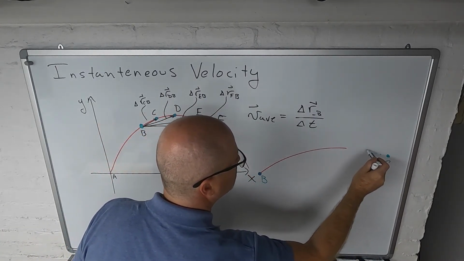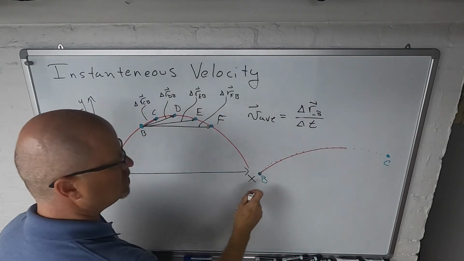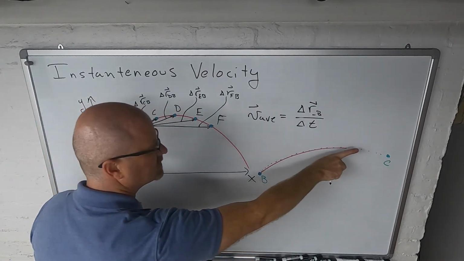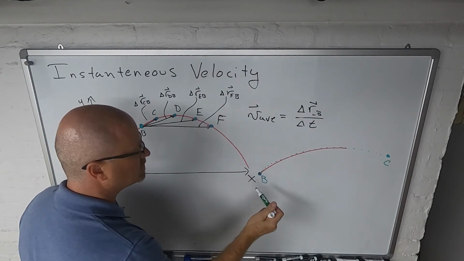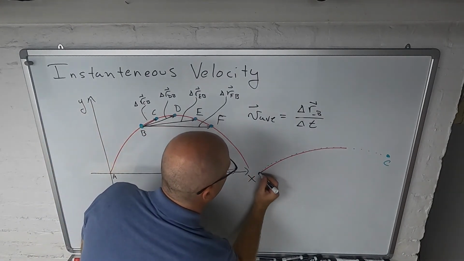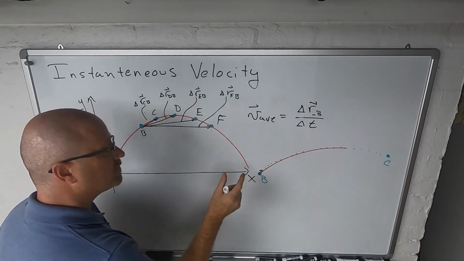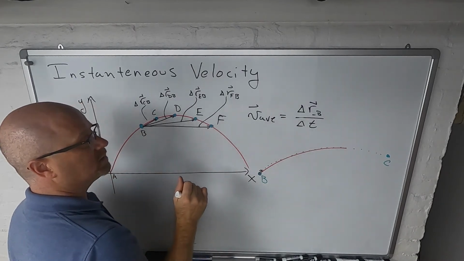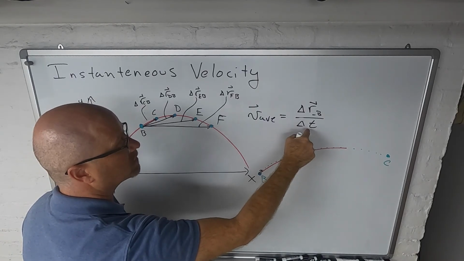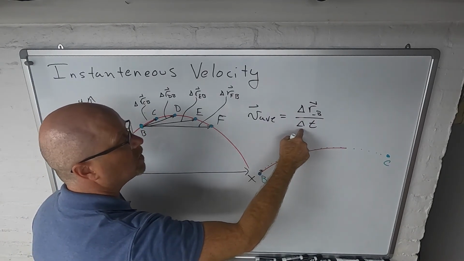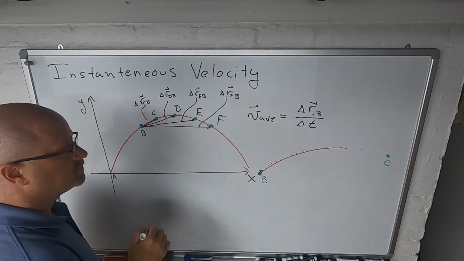As I bring points all the way back to B, you can imagine that my velocity vector will soon become a point that has to do with the very small, tiny vector that points from B to whatever point is very close by. However, delta t will shrink dramatically, making the denominator of this equation get smaller and smaller and smaller, and so V average will actually grow a bit.